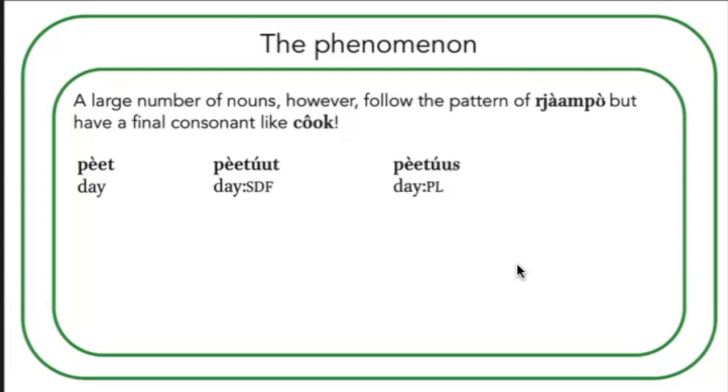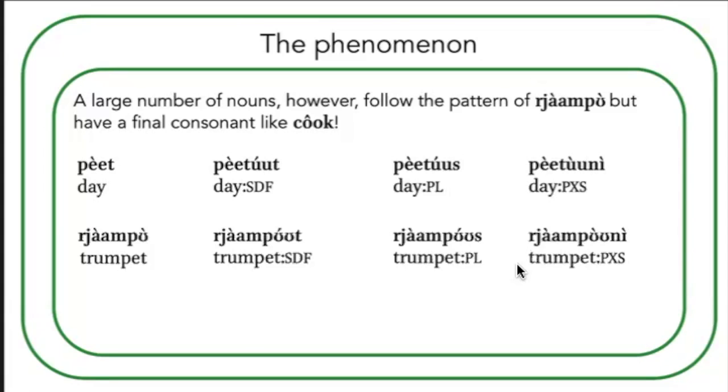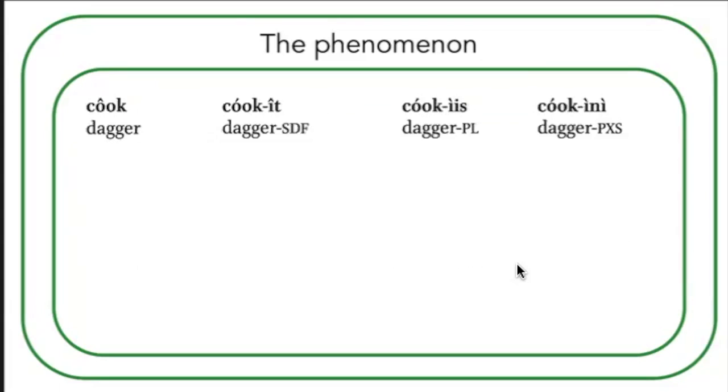Petut. It also has the same U in the plural, petus, and in the proximal demonstrative. So this looks more like the trumpet type of word and doesn't look very much like the easy concatenation that we saw with dagger.